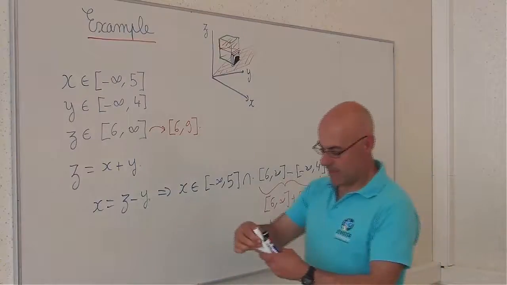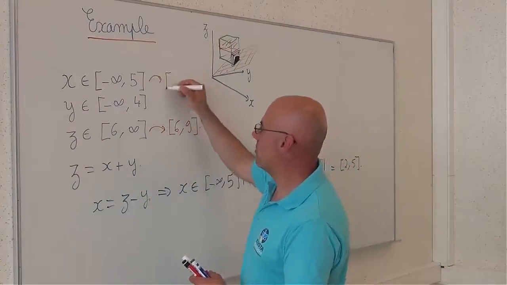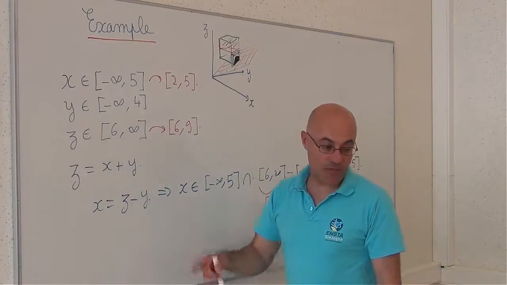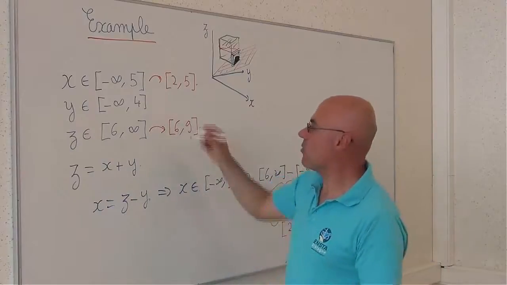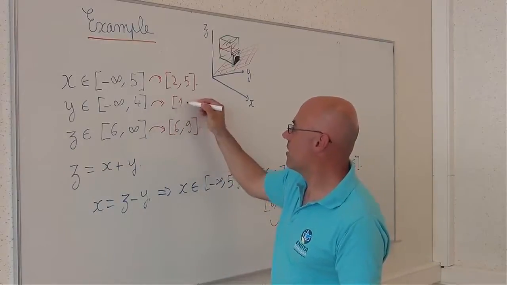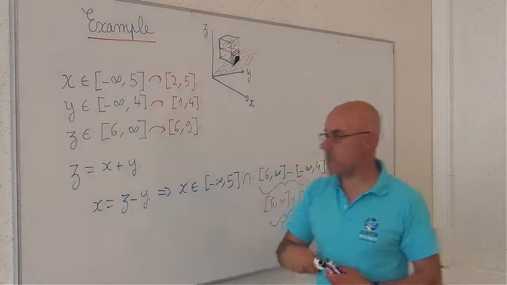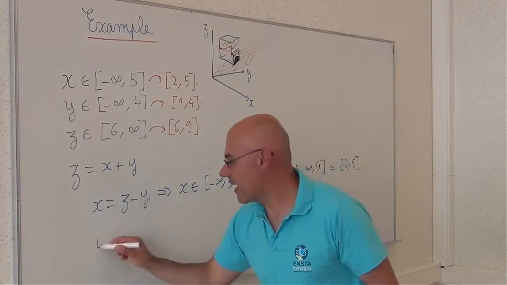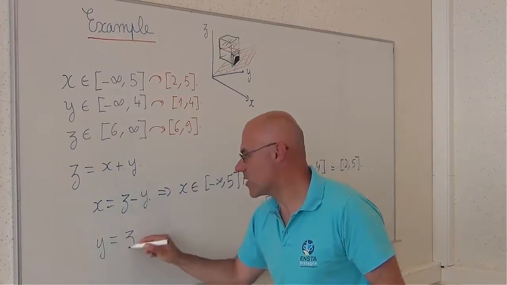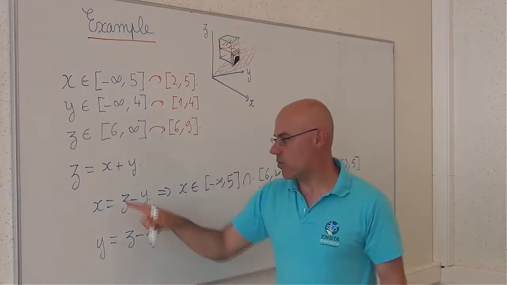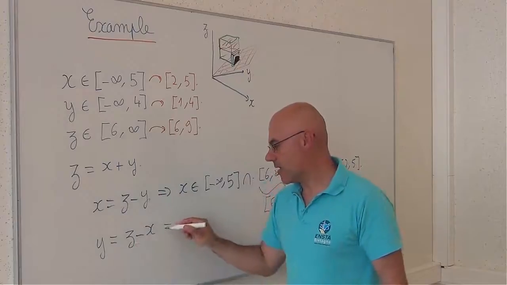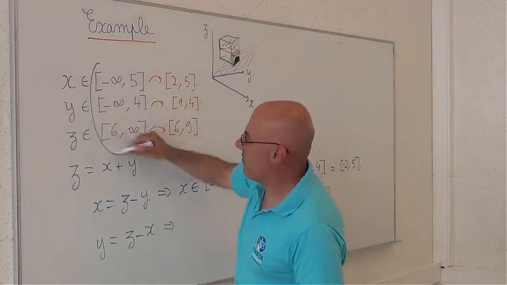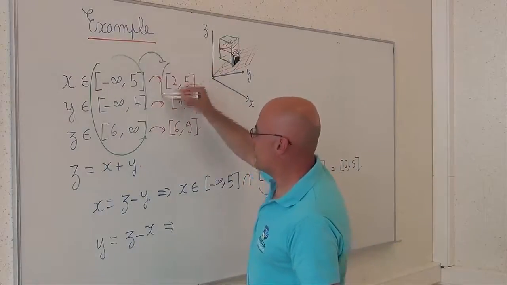It means that x has been contracted to 2, 5. I can do also the same for y, and I will obtain here 1, 4. And to do this, I just have to do a similar computation, except that I have to start with the equation y equal to z minus x. Thus, from one box, I obtain the contracted box.